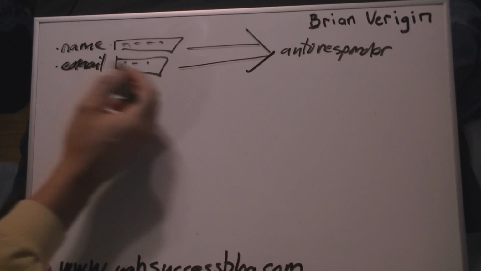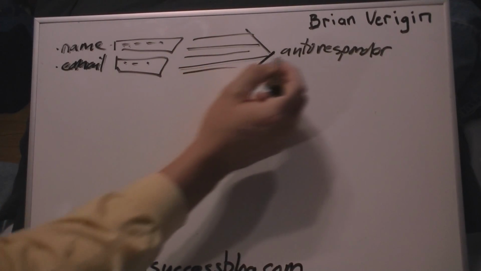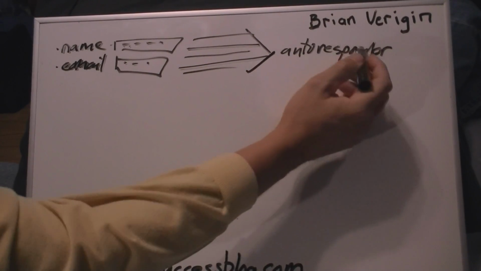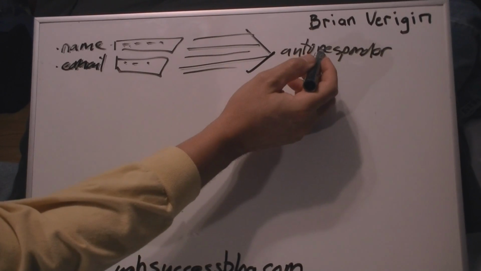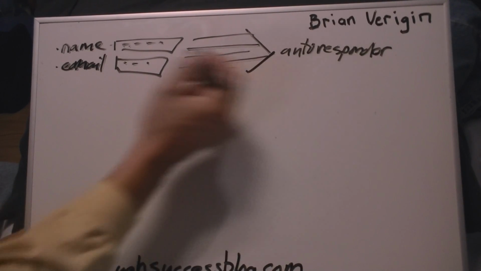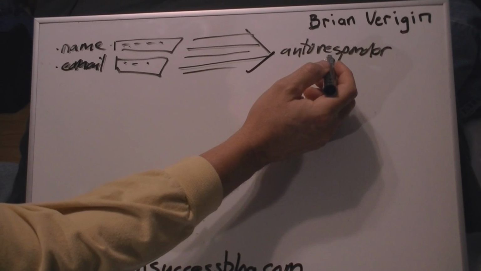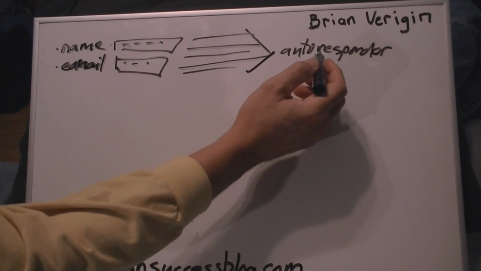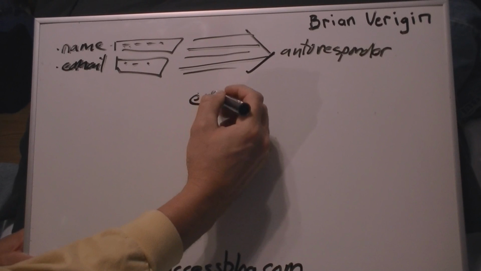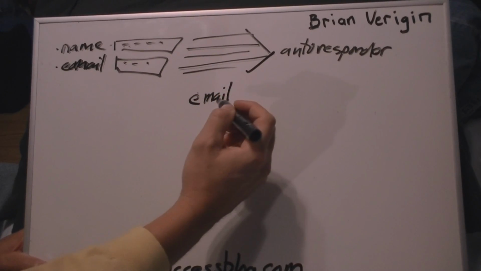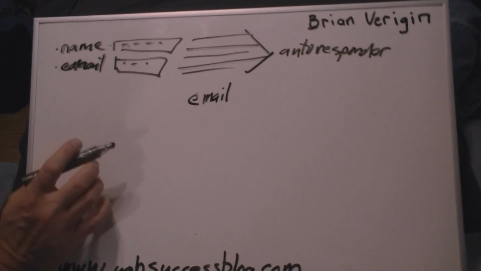As these names get put in, this list keeps growing and growing, and the person who owns this list, this is basically a lead, has control and can email people with offers.